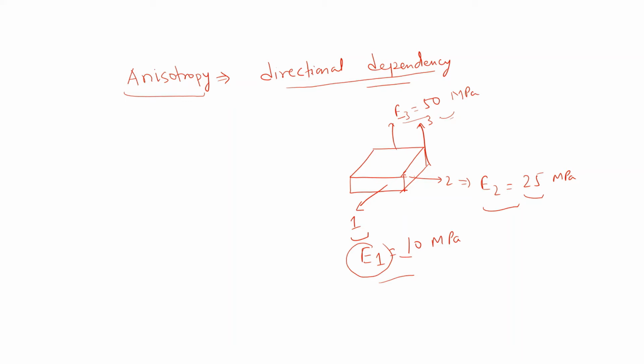This is the subset of anisotropy, which is called orthotropy, where in all three directions the material properties are changing.